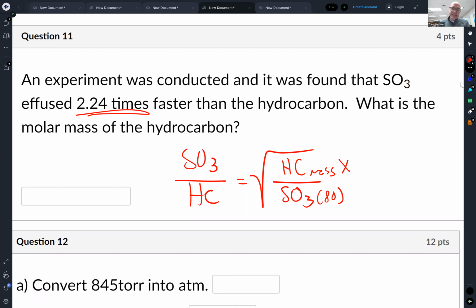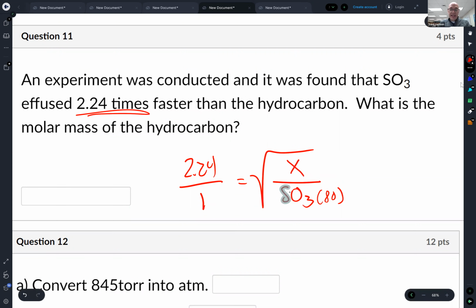However, it does say that the SO3 is 2.24 times faster than the other material. So rewriting this, all I need to know is that the 2.24 goes on top and the 1 goes on the bottom. Over here, all I need to know is that there is an unknown weight and that there is an 80 down below.